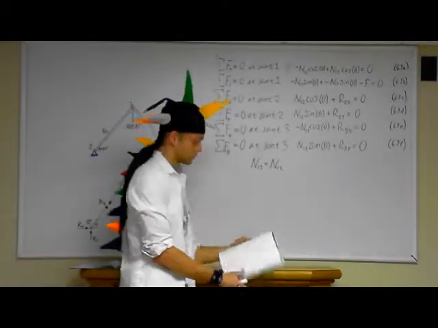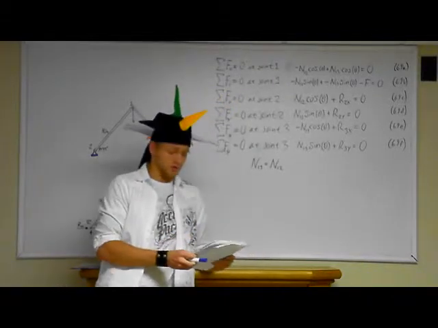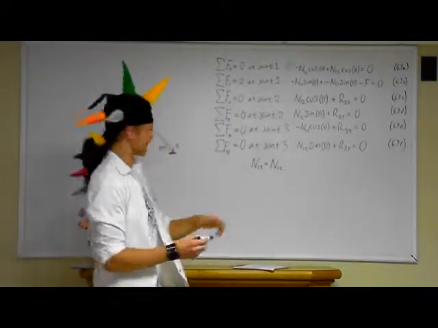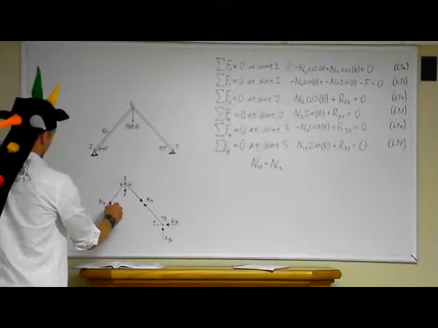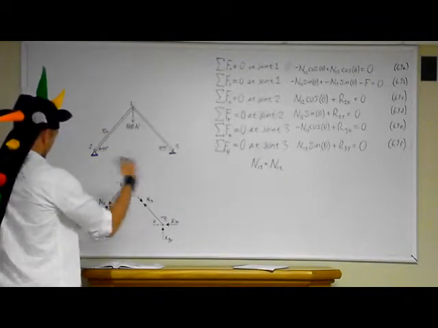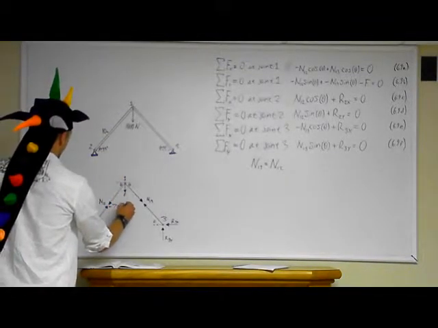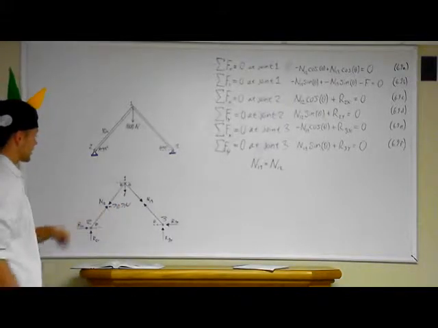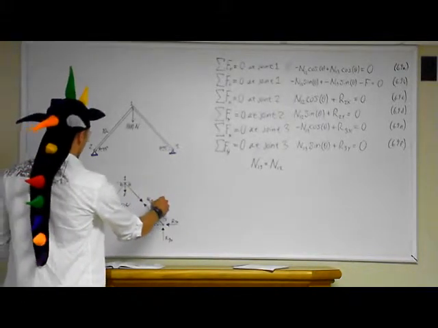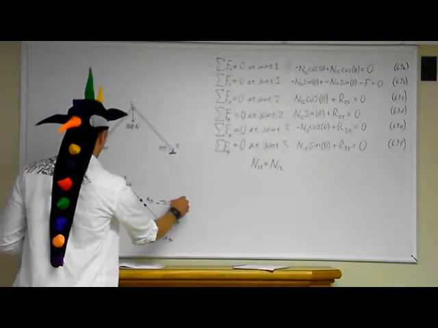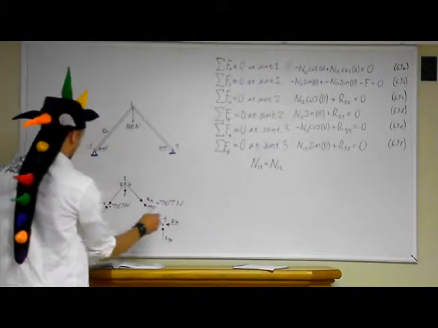That would then equal negative 707 newtons of compression in each truss. We're labeling it negative because it's compression: negative 707 newtons of compression inside this beam, and negative 707 newtons of compression inside that beam.